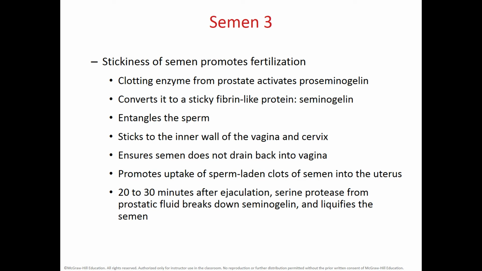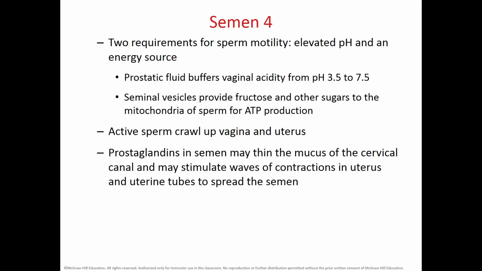Between 20 to 30 minutes after ejaculation, the serine protease, the prostate-specific antigen, will break down the seminogelin and liquefy the semen, releasing the sperm cells. So the requirements for sperm motility are an elevated pH and a high energy source.